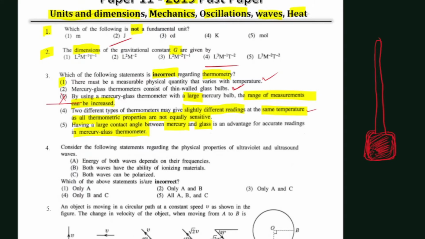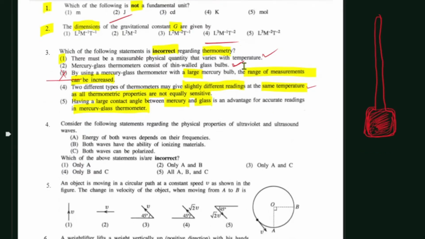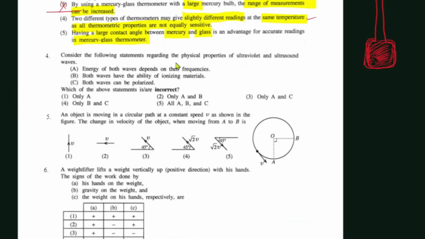Yes, that is actually correct, right? Because mercury is going to have a large contact angle, right? Because of the surface tension, it's going to have a large contact angle. If it has a large contact angle, it's going to look like this in this case, right?